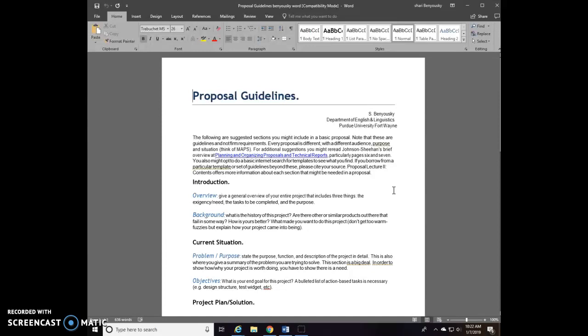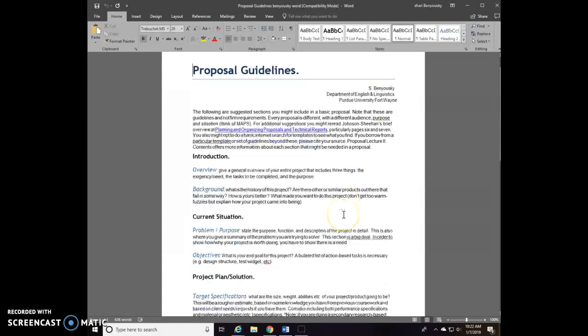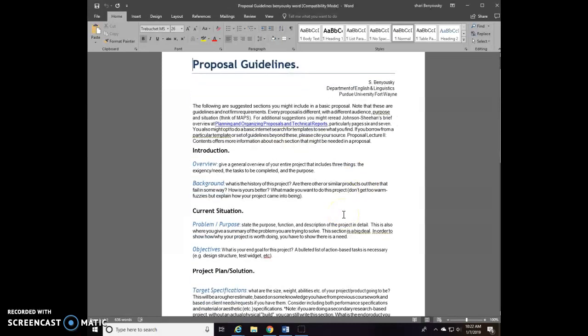Now, as I noted, all proposals are different, both in college, in this class, and in the real world, because all proposals have different goals. So each one of you is essentially doing an independent study or project, and all of these things are suggestions that you need to take and look at and go, how do these things work with what I'm trying to do? Am I in MIT?